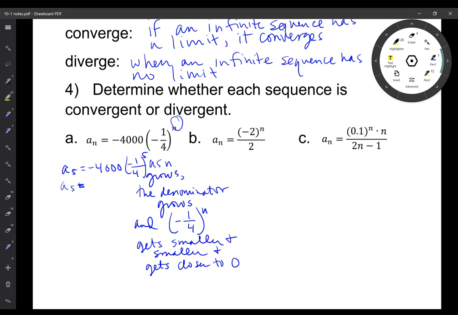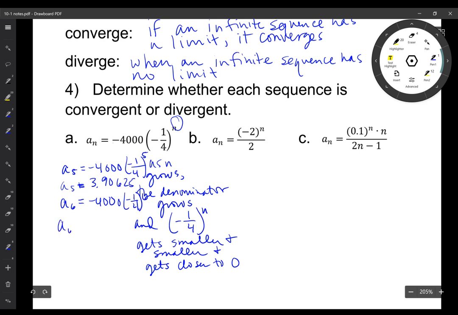Sorry, I'm grabbing my calculator out here. I was not going to show this example, and then it occurred to me I really should. So 1 divided by 4 to the 5th power, and then I'm going to multiply by 4,000. And I get 3.90625.